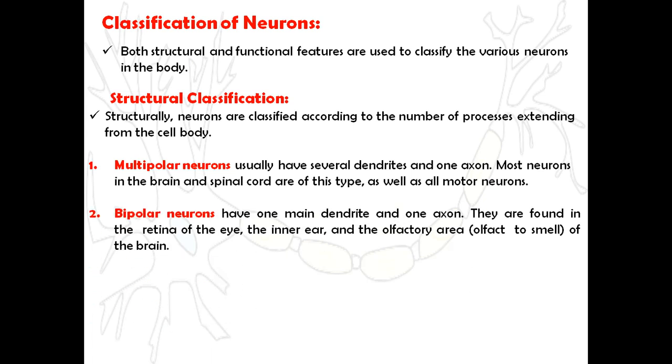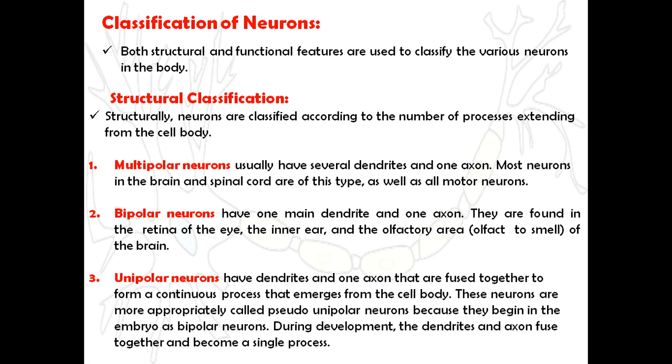Second one is the bipolar neuron. They have one main dendrite and one axon. They are found in the retina of the eye, inner ear and olfactory area of the brain. Third one is unipolar neurons. The unipolar neurons have dendrites and one axon that are fused together to form a continuous process that emerges from the cell body.